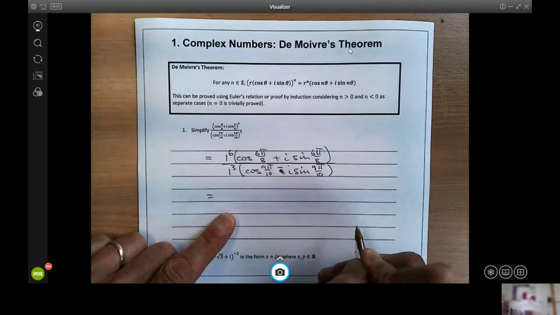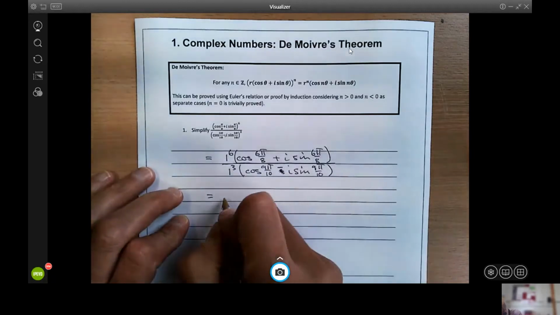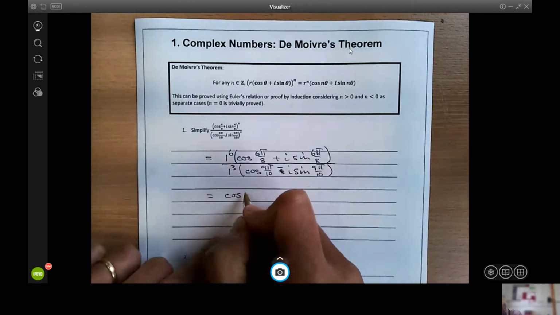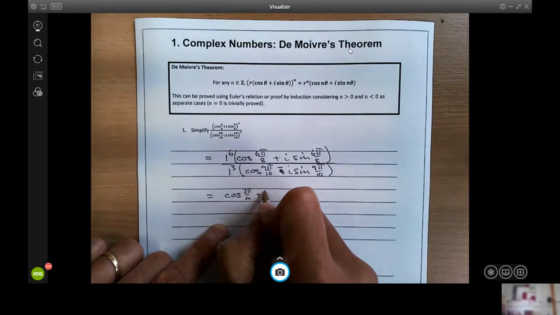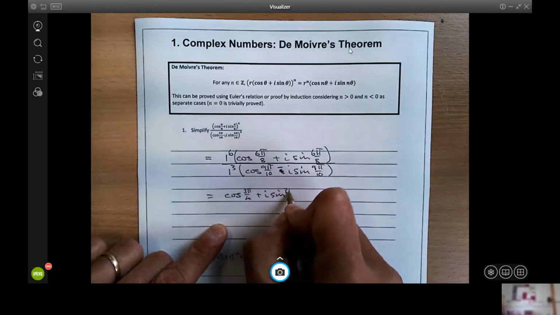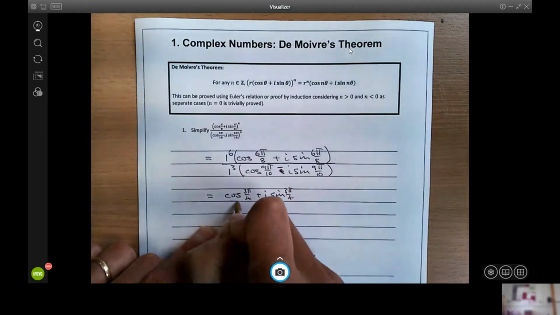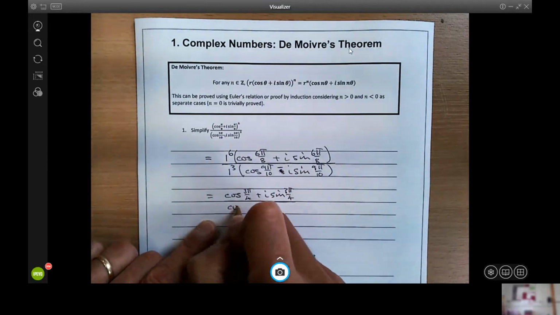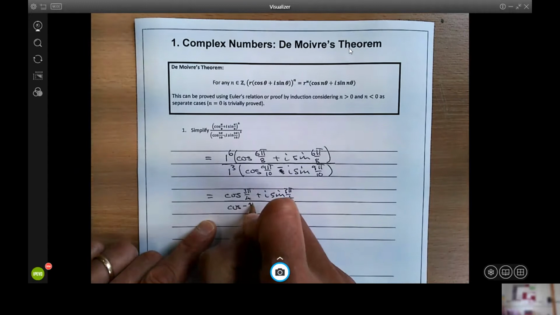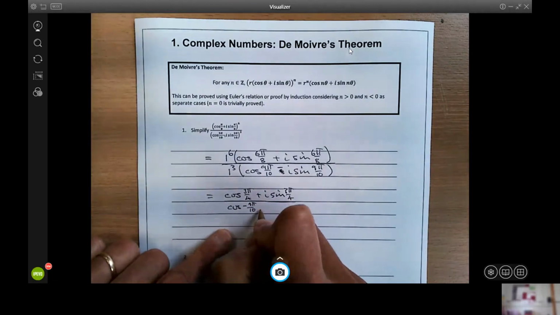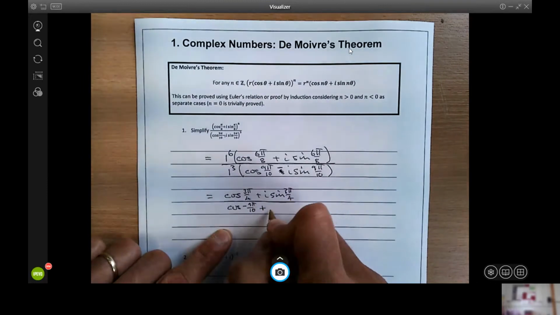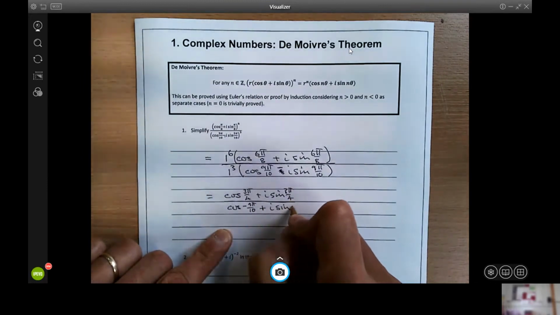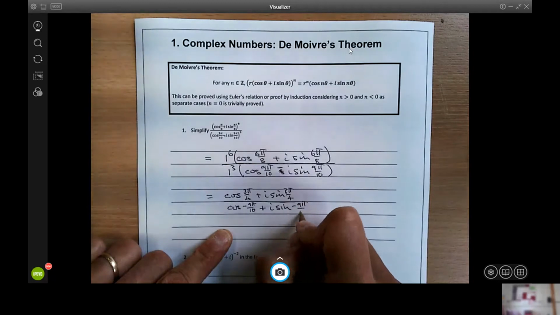So we're going to put in one more step here. This is cos(3π/4) + i sin(3π/4) divided by cos(−9π/10) + i sin(−9π/10), so we've changed the minus to a plus and changed the argument to negative.